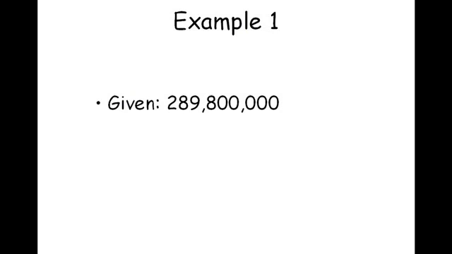Given this number, what you do is you figure out your base number first. And your base number has to be greater than 1 but less than 10. So therefore that number is 2.898. Okay? And it's always written times 10 to some exponent.